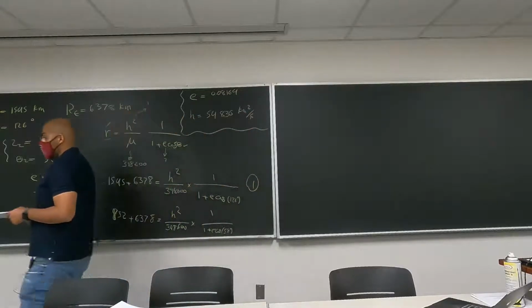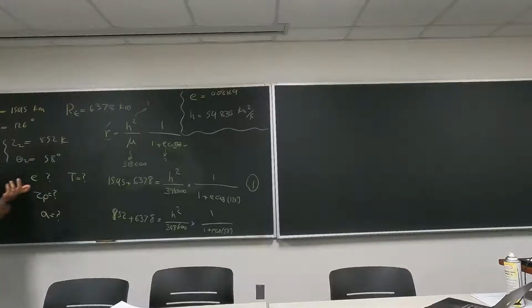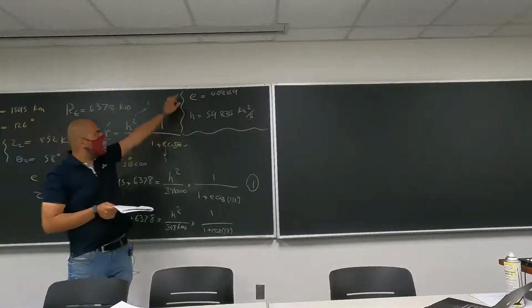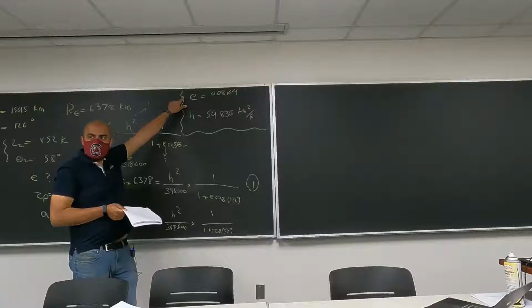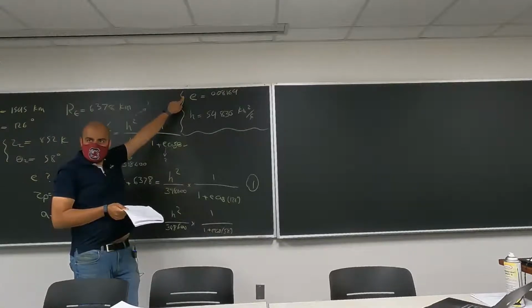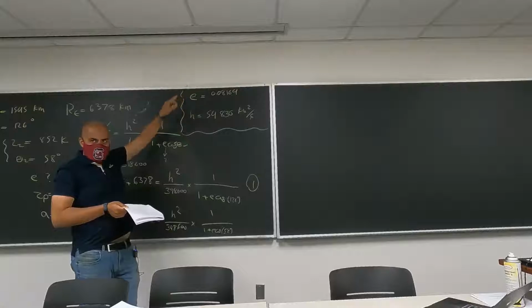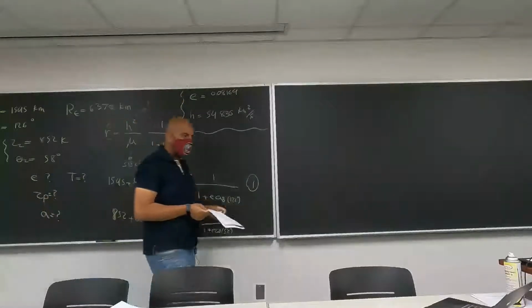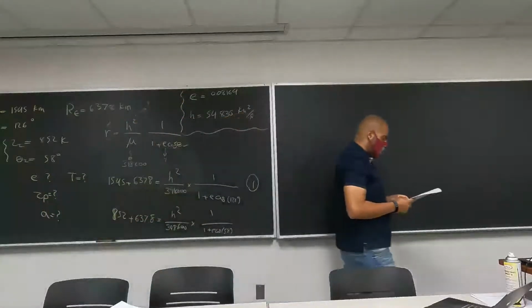Okay, so what kind of an orbit do we have? Less than 1, greater than 0, not circular, but close to circular. Elliptical, right? But very close to circular.